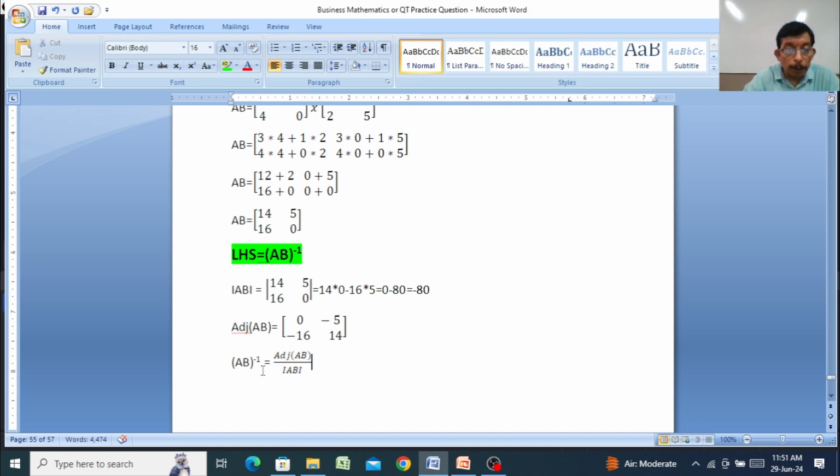Now put the value of adjoint AB and determinant of AB in the next step.